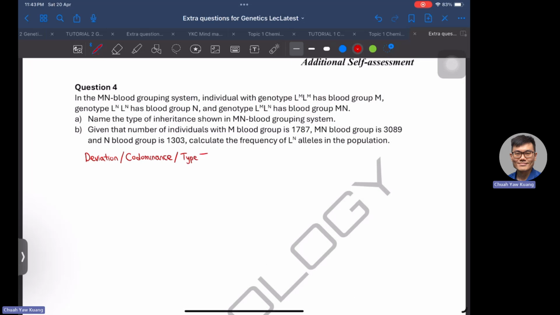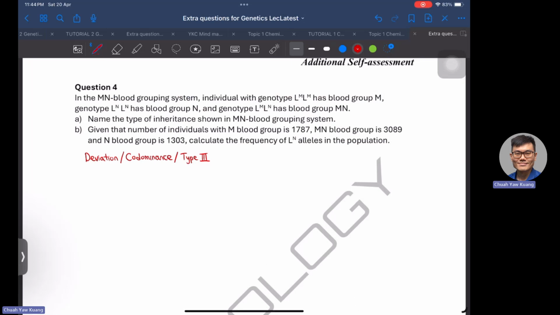Type 3 means that either we use the normal way to solve, or we can use the formula, p squared plus 2pq plus q squared equals 1, or p plus q equals 1.